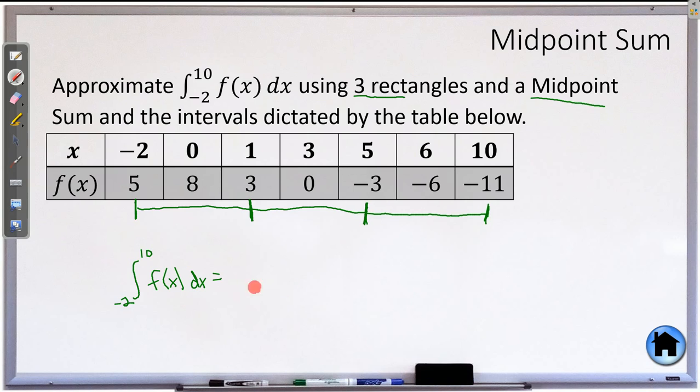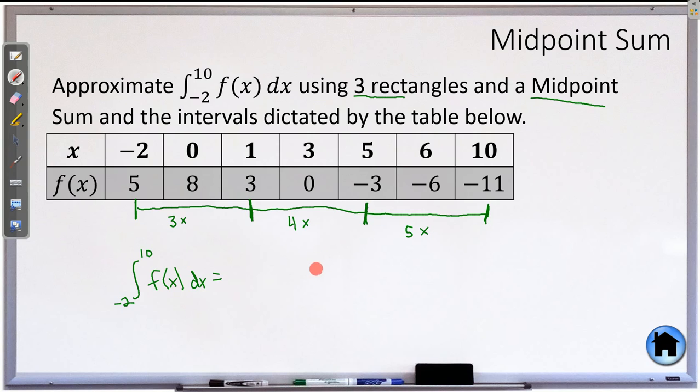How wide is this rectangle? Well, from -2 to 1 is 3. How wide is this rectangle? From 1 to 5 is going to be 4. How wide is this rectangle? From 5 to 10, it is 5. So the rectangles aren't even equal widths, but we did what we could with the table.